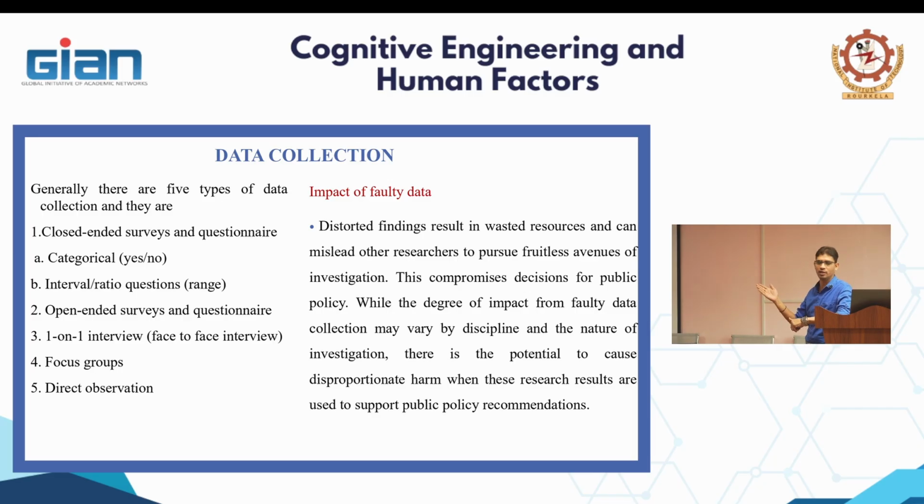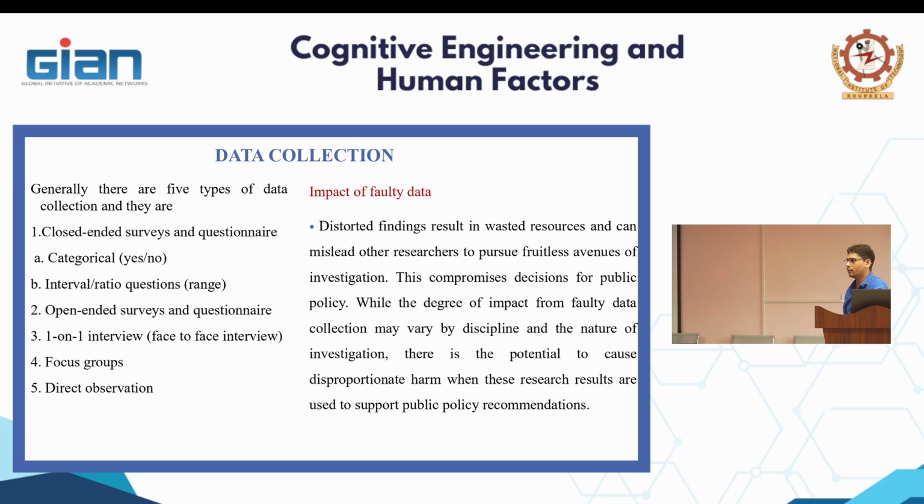That is nothing but the interval. You already have a particular range, and out of that you give the marking. Yes and no is straightforward, whether you like it or not. It is not like I am liking it a little bit or disliking it a little bit. That question also can be prepared, but then again it will be in the interval, like slightly or moderate, like that the number of options which we are giving.